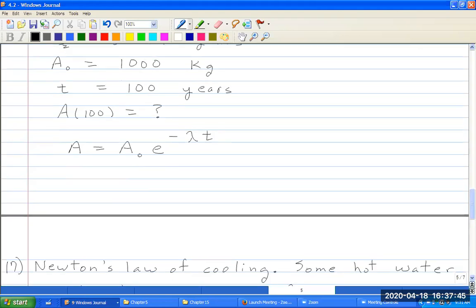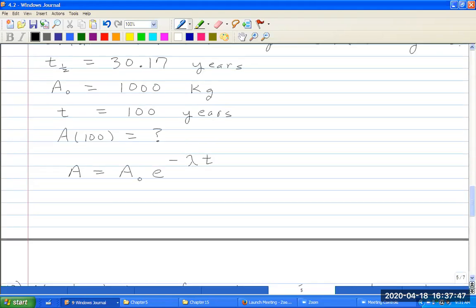Maybe I'll derive the formula. You could just determine the decay constant using the above formula for half-life, but I think I'll just try to figure it out on my own.